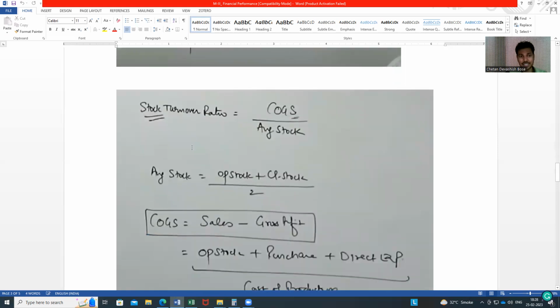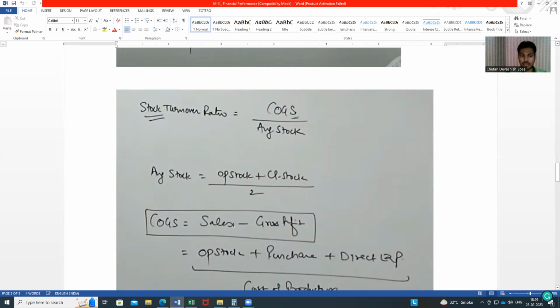Now moving to the next, stock turnover ratio. What is stock turnover ratio? We are trying to compare my sales with the stock. But remember, as per the accounting standard, stocks are always calculated at cost. So in sales there are a few elements which are added, and we always add gross profit in sales.